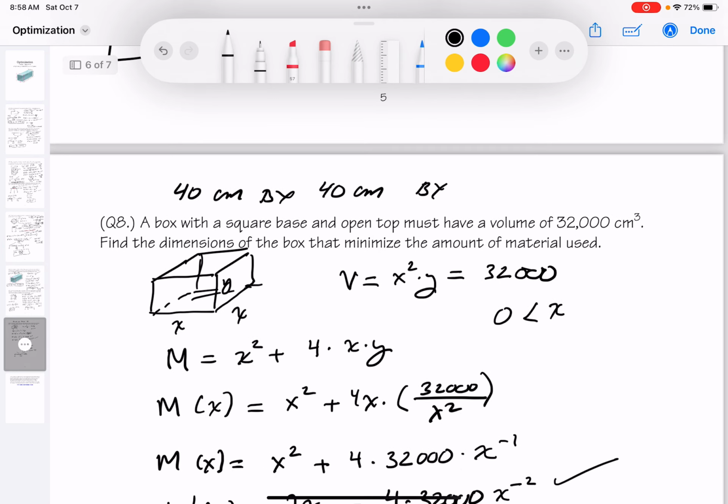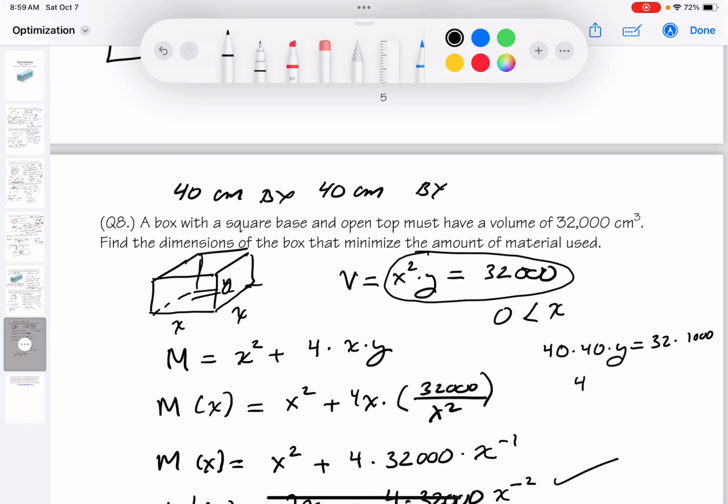I have to do some arithmetic now. I'll write this down again: 40 squared, or 40 times 40, times y, equals 32 times 1,000.